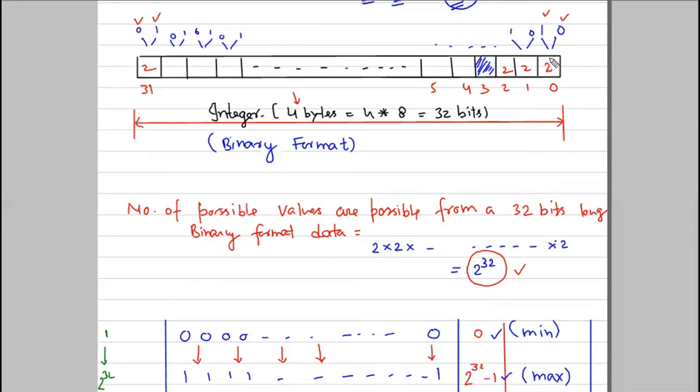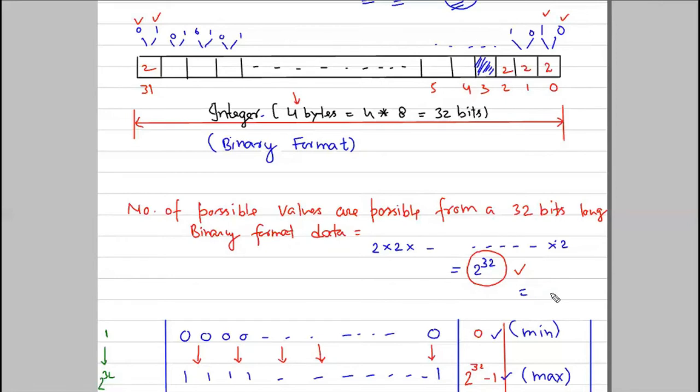In case we have, let's say, 10 choices at each place, then the possible values would be 10 to power 32, because at each place we have 10 values, and we have 32 such bits. Then the permutation combination would look like this.